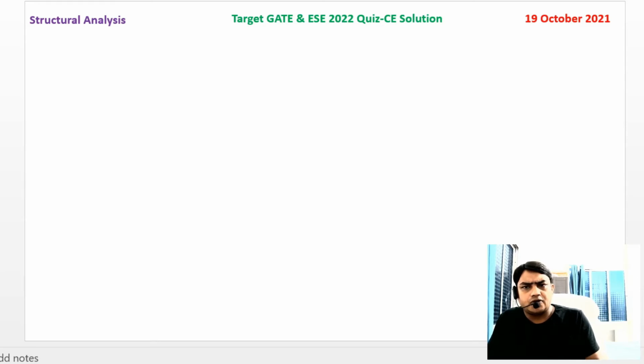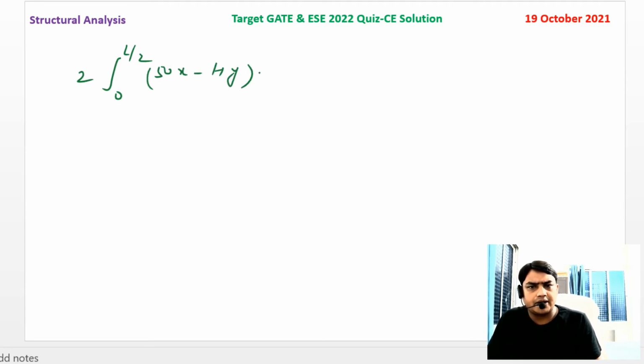If I put the value of moment, we can write 2 times the integral from 0 to L by 2 of (50x minus Hy), and del M by del H is minus y, into ds divided by EI equal to 0.